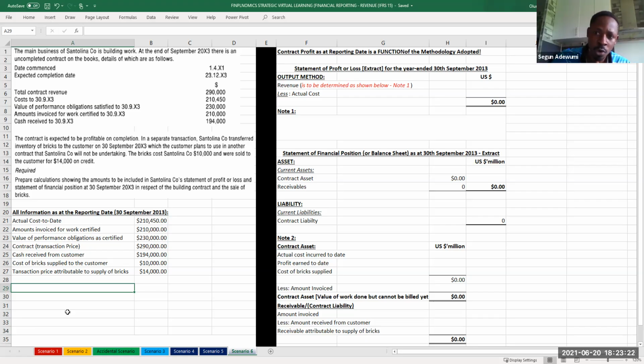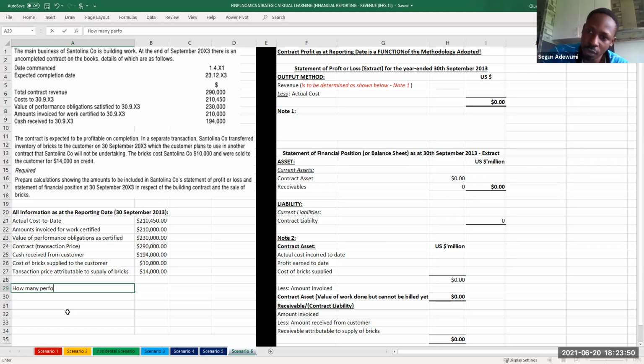Okay, for me, I will go with the output method, simply because we have all the variables to use an output method, which includes the value of performance obligation certified to date. And I will not use the input method simply because though I have the cost to date, I don't have the total costs to satisfy the project.